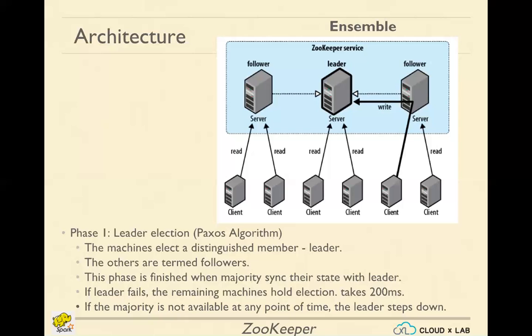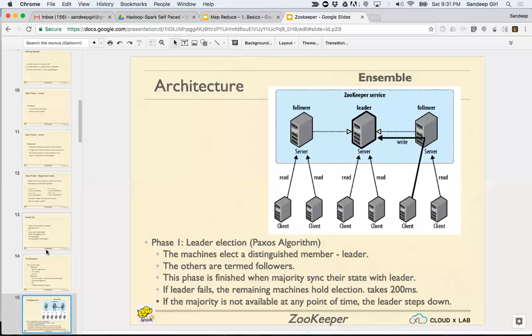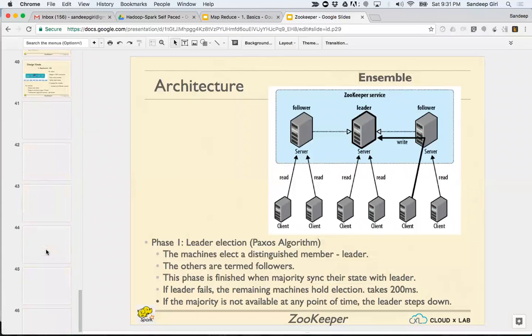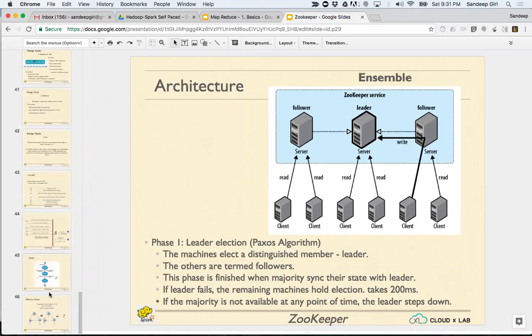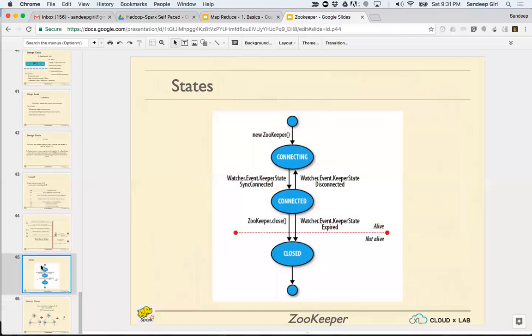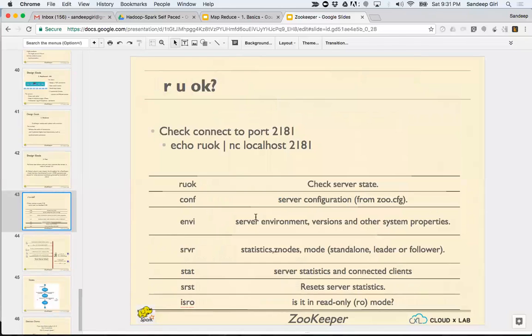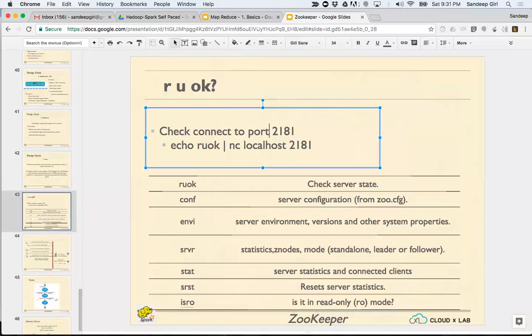A question from Motion: is there any config which I can read and understand how many nodes there are and who is the leader? Very good question. There is an interface provided by Zookeeper itself. It runs on port 2181.